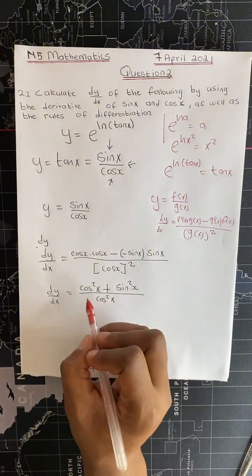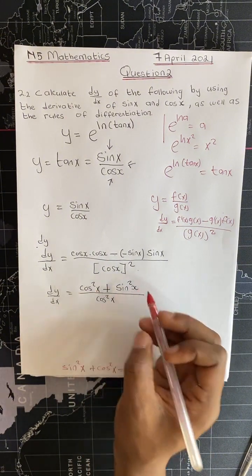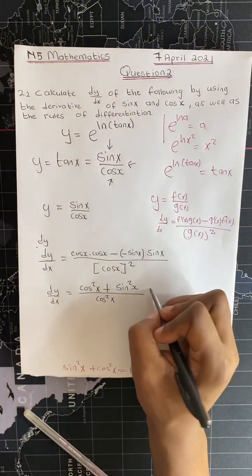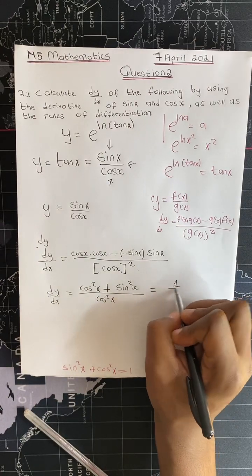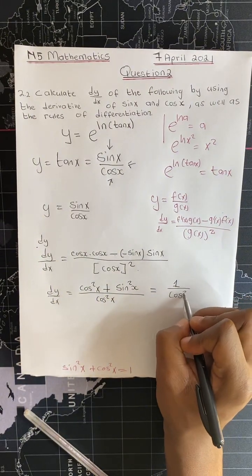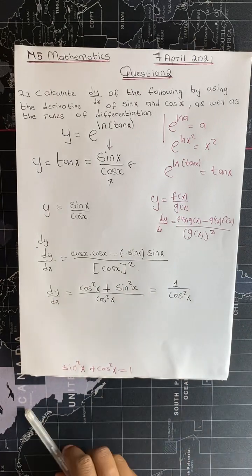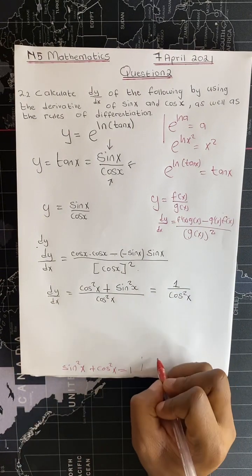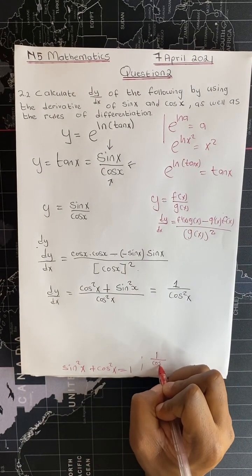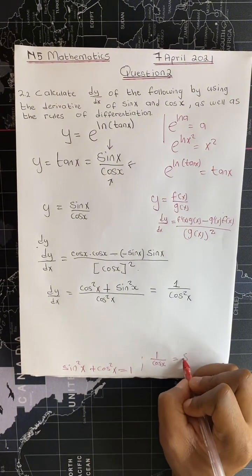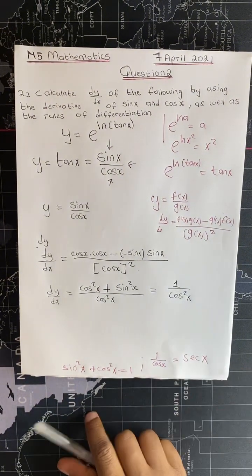So in the place of this cos squared x plus sin squared x, we substitute 1 over cos squared x, and also from our trigonometric identities we know that 1 over cos x is equal to sec x.